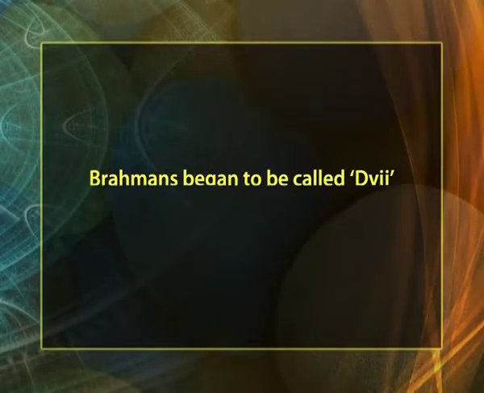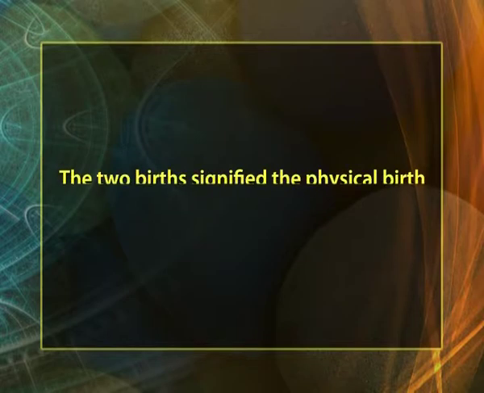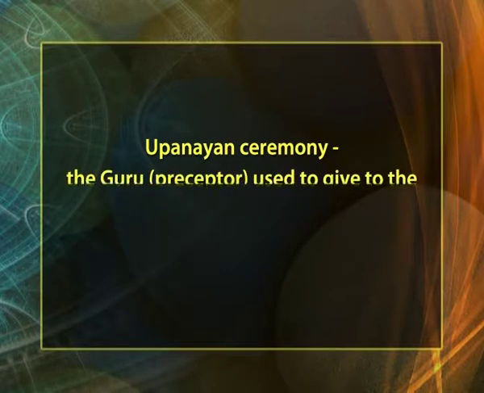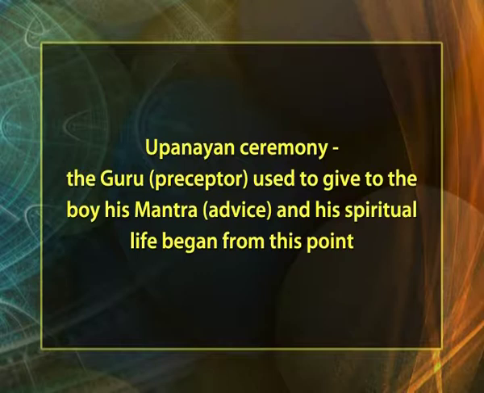Thus, Brahmins began to be called Dvij, that is, the twice born or born again. The two births signified the physical birth and the spiritual birth. On the occasion of Upnayan ceremony, the Guru or the preceptor used to give to the boy his mantra or the advice, and his spiritual life began from this point.